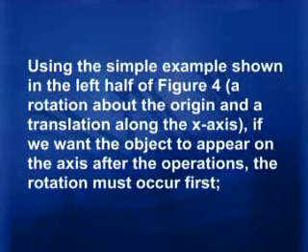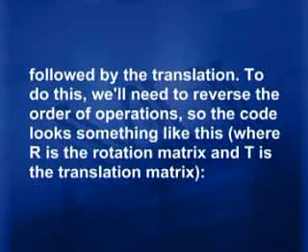Using the simple example shown in the left half of figure 4, a rotation about the origin and a translation along the x-axis, if we want the object to appear on the axis after the operations, the rotation must occur first, followed by the translation. To do this, we'll need to reverse the order of operations.